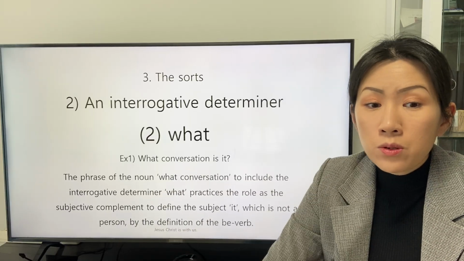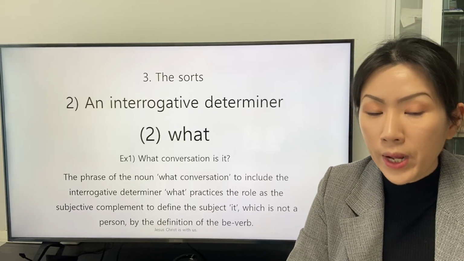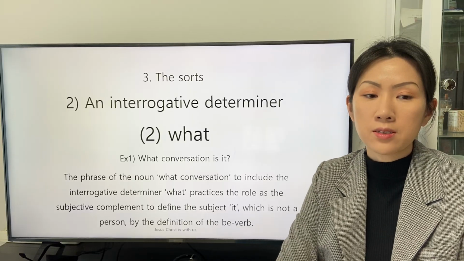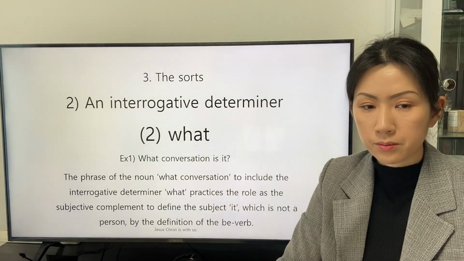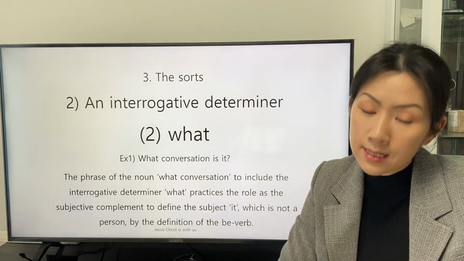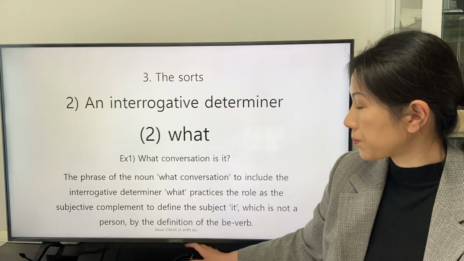The phrase of the noun, what conversation, including the interrogative determiner what, practices the role as the subjective complement, to define the subject it, which is not a person, by the definition of the be verb.